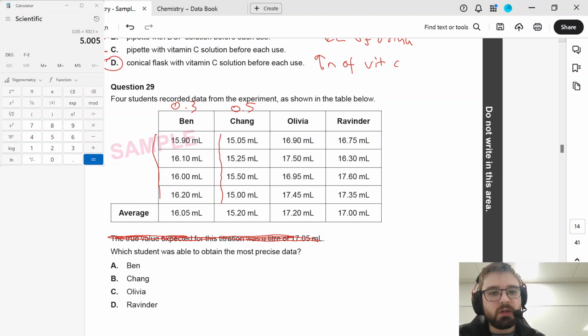The range on Olivia's is, what's that? 0.6. Am I reading that right? Yeah. Ravinder is, is that 1.3? Yeah. So Ben looks to be the most precise.